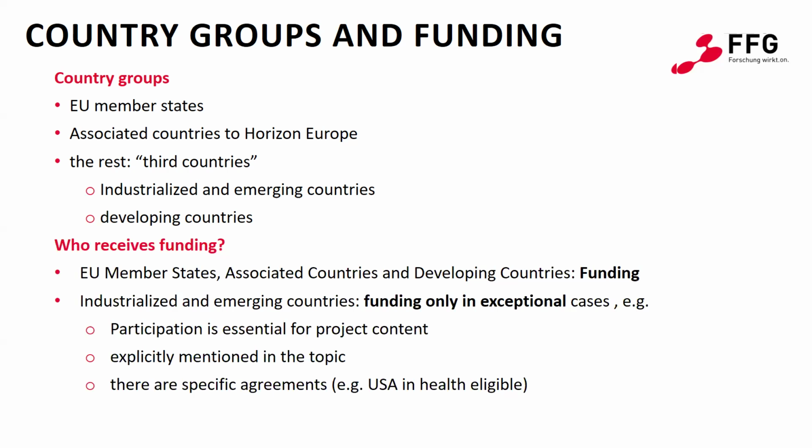All the others, industrialized and emerging countries, are in principle not eligible for funding, but there are certain exceptional cases where they could receive funding. For example, if you can argue that their participation is essential for the project content, or they're explicitly mentioned in the topic, or there are specific bilateral agreements.